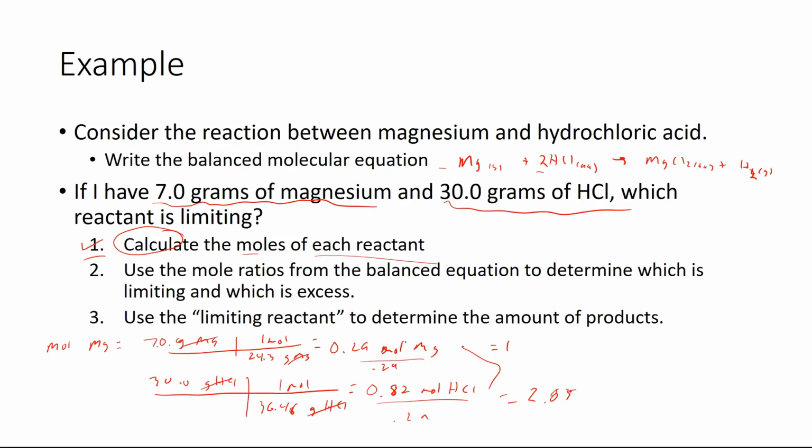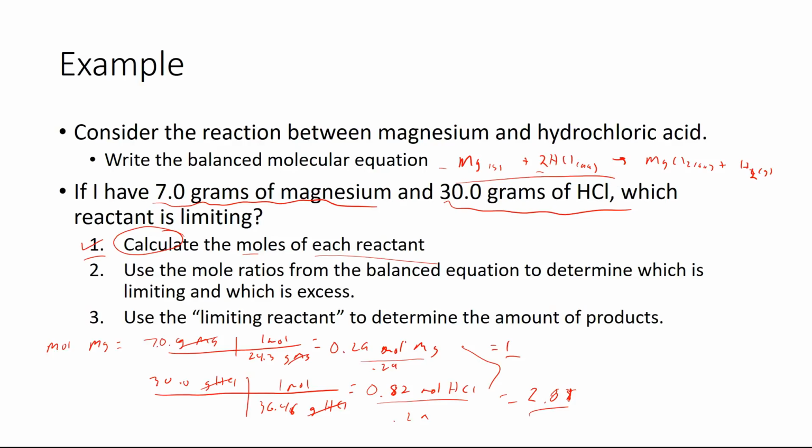Again, what I'm looking for at this point is whether the actual ratio that I have is going to match the ratio from the reaction. What I have is a 1 to 2.8 ratio. Now I'm going to compare this ratio to what I have up in my actual reaction.